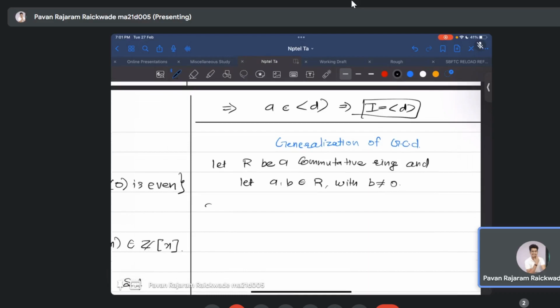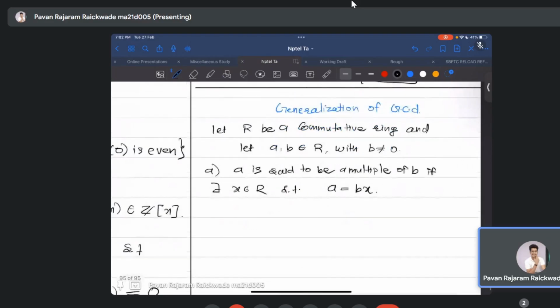So first thing is, you say a is said to be a multiple of b if there exists an element x in R such that a can be written as bx. Okay, this is the first thing, a multiple.